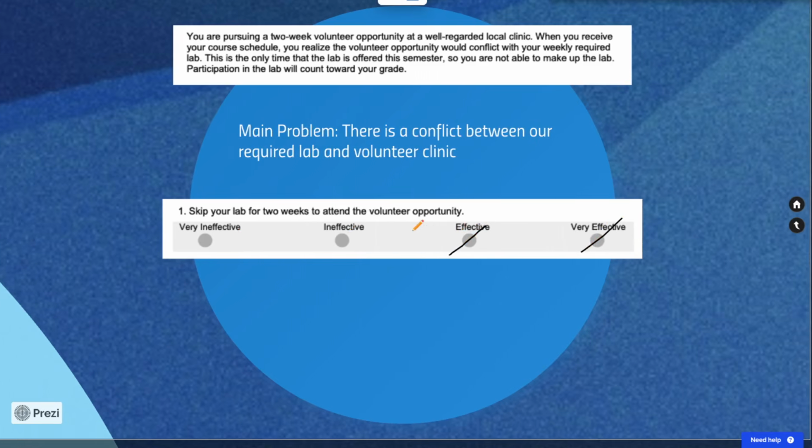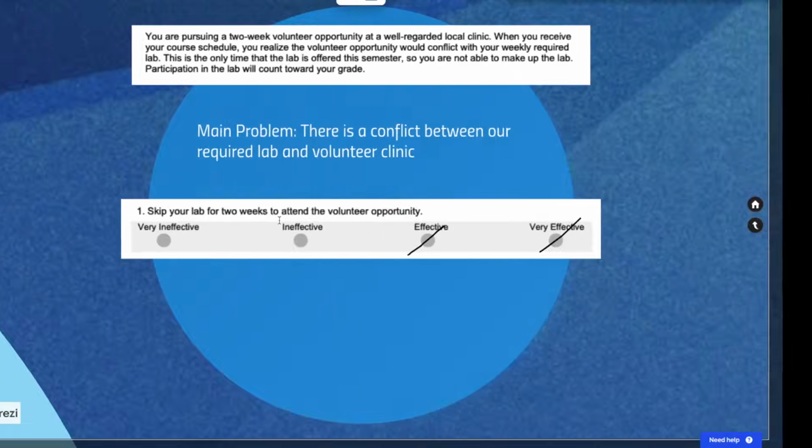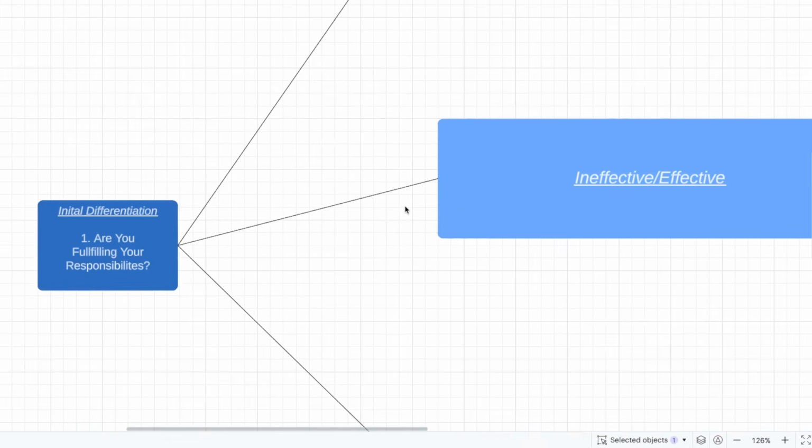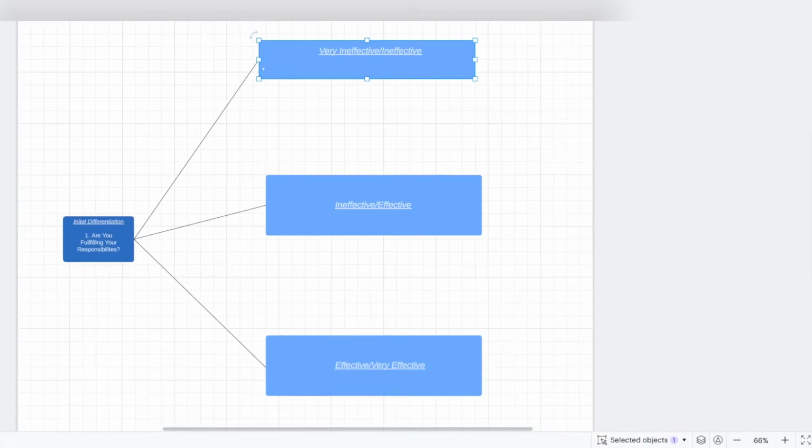And so, how do we differentiate between the two? Well, we know from the scale that a very ineffective response will cause additional problems or make the situation worse. An ineffective response will not improve the situation, or it might cause a problem, right? So from that, let's ask 2 more questions, right?